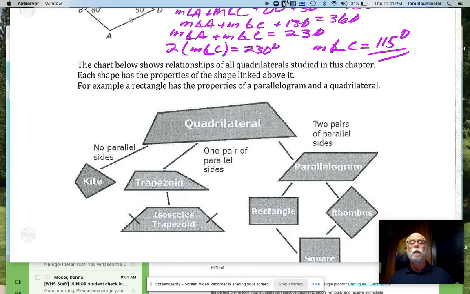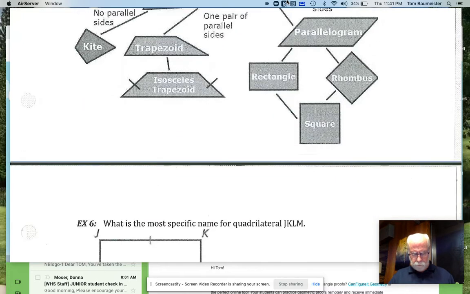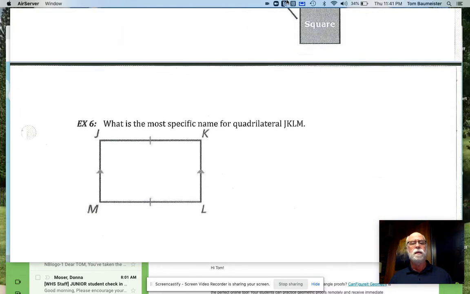So for example, a rectangle, which is right there, has the properties of what's above it, a parallelogram and a quadrilateral. So we kind of need to know that for your last couple problems in the homework too.